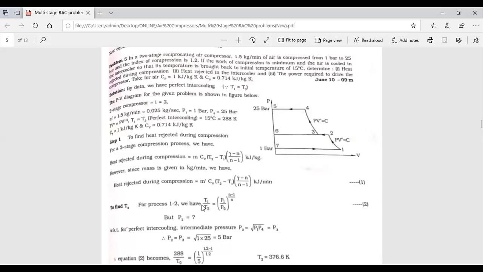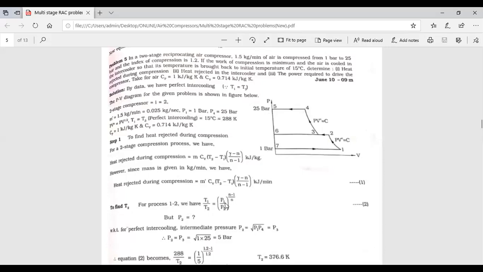Just a very simple formula. You are using the same formula in all the problems. That is the relationship between temperature and pressure for process 1 to 2. That is, polytropic process is given by T2 by T1 equals P2 by P1 to the power of (n minus 1) divided by n. In this case, we know T1 is 15 degrees Celsius. T2 we don't know.